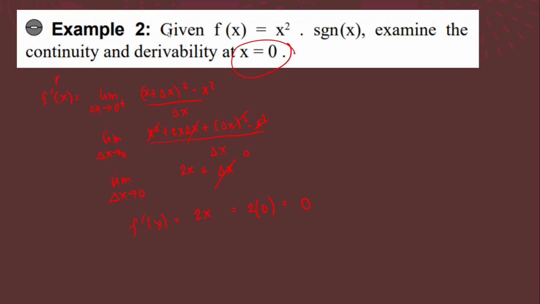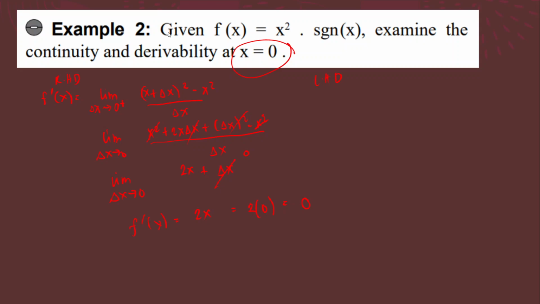Okay, try natin yung left hand derivative. Pag left hand derivative, automatic we are going to use negative x squared here.